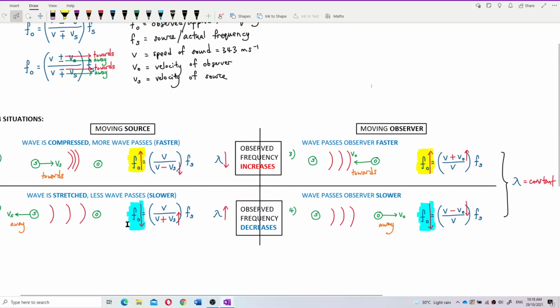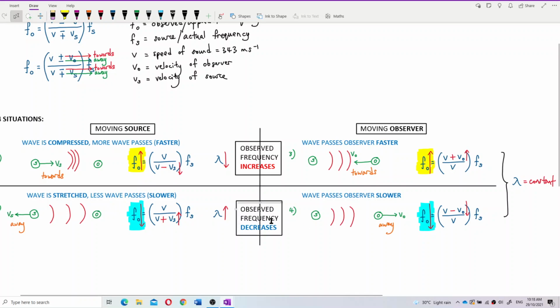Okay, so for the first one, how to make the observed frequency decrease? Vs is at the bottom. To make this value smaller, the bottom here needs to become bigger, so we put positive Vs. But VO is at the top, so to make this value smaller, you need to make the top value smaller also. You need to minus.